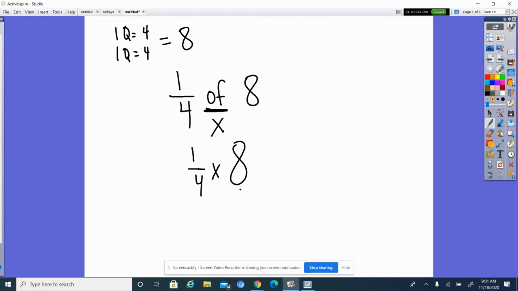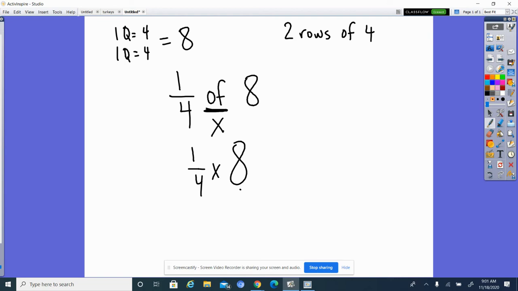So what array could we draw that has a total of 8, but is in groups of 4? You can have 2 rows of 4. He says you can have 2 rows of 4. That one works, yes. What other way could we have?